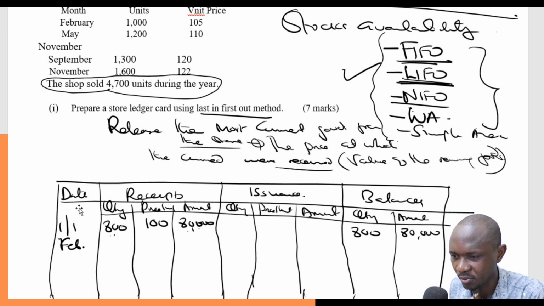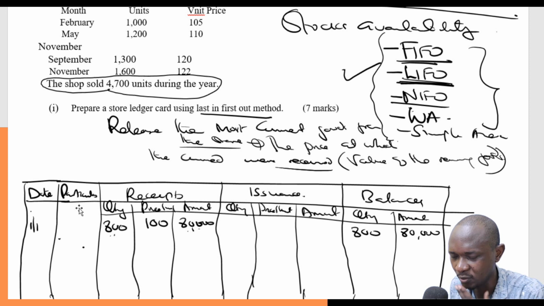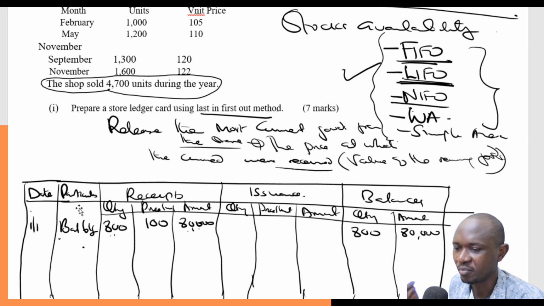So for the sake of it, let's have a column here that we will call particulars. And then of course we continue with the date column here. So we have 1 as we had already indicated, then the particulars will just say balance brought forward from the previous year.